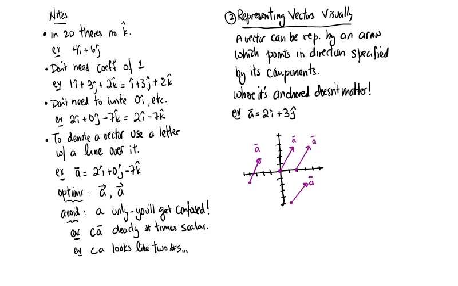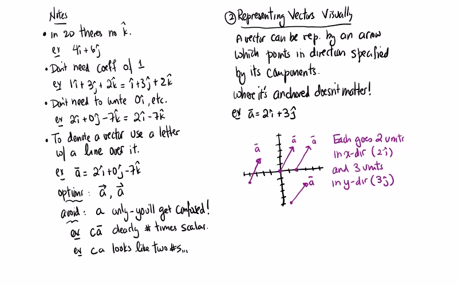And again, just to see what's going on here, each goes 2 units in the x direction, because that's the 2i, and 3 units in the y direction. That's the 3j. So the i is telling you about the x, the j is telling you about the y, and the z is telling you about the k.